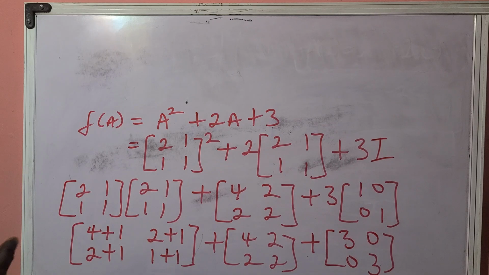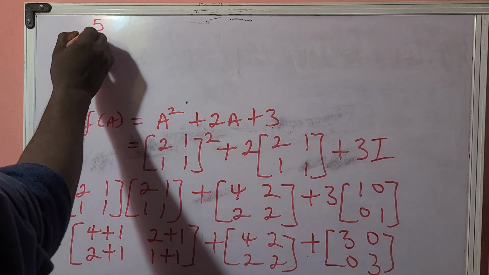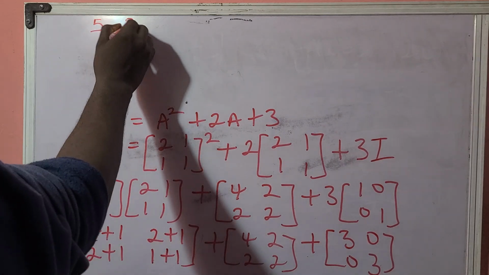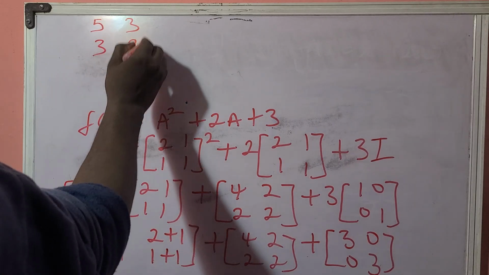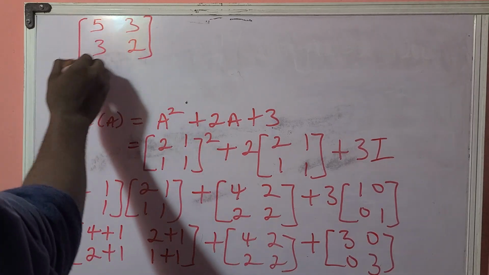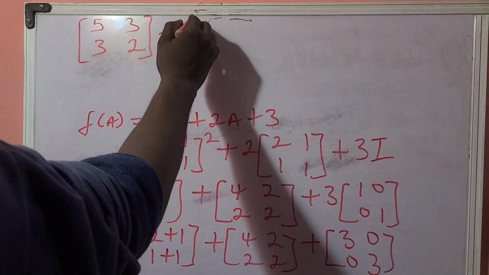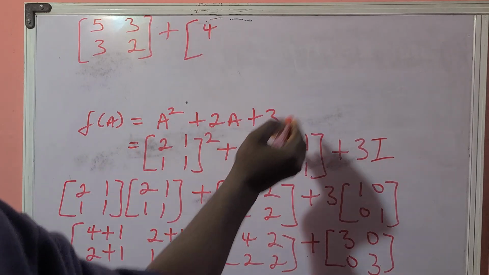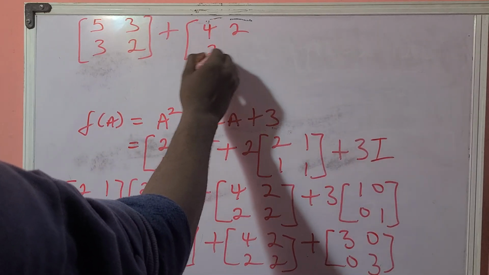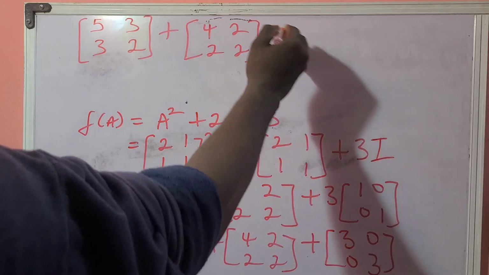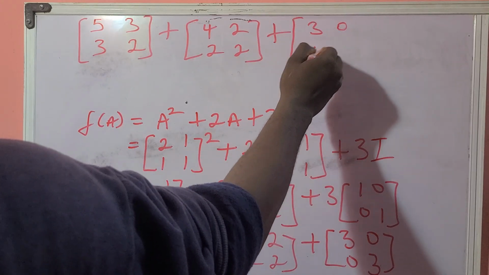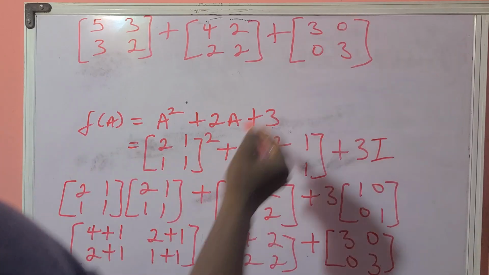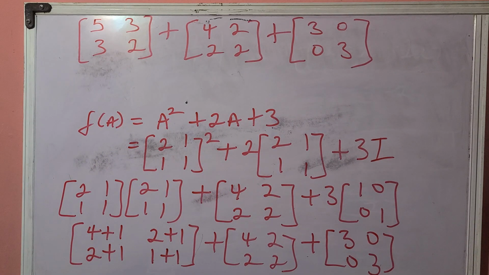So 4 plus 1, we will have 5, 3, 3, and 2. Plus we have 4, 2, 2, 2. Then plus 3, 0, 0, 3. So we can go on to make our matrix addition.